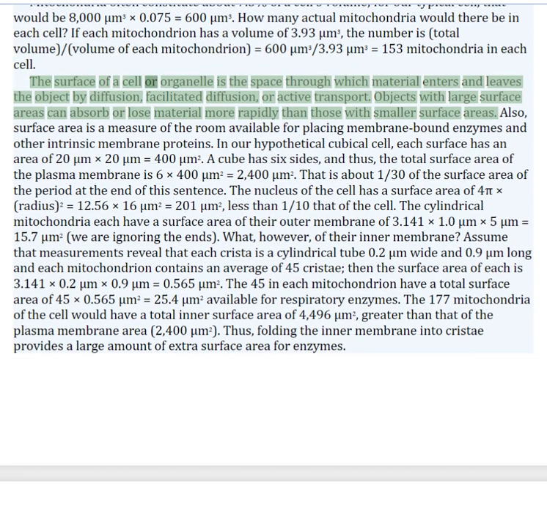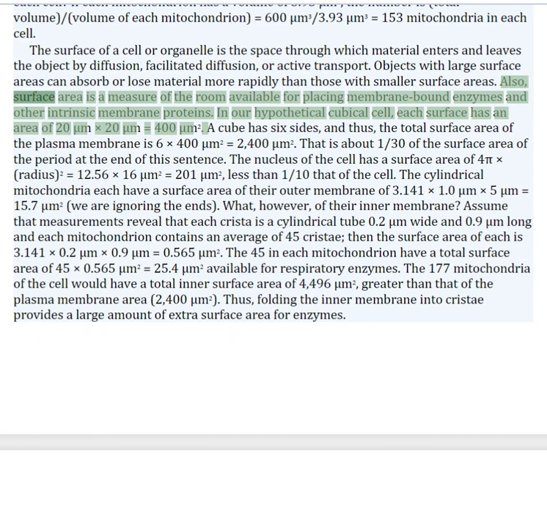The surface of a cell or organelle is the space through which material enters and leaves the object by diffusion, facilitated diffusion, or active transport. Objects with large surface areas can absorb or lose material more rapidly than those with smaller surface areas. Also, surface area is a measure of the room available for placing membrane-bound enzymes and other intrinsic membrane proteins.